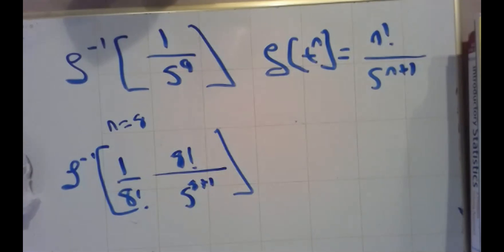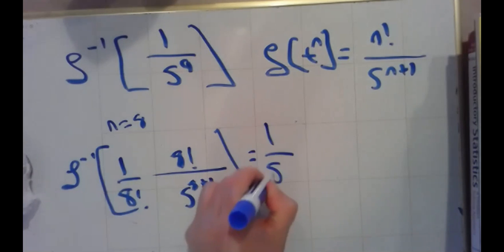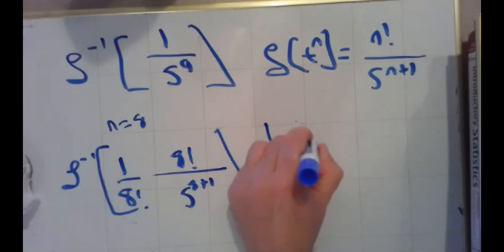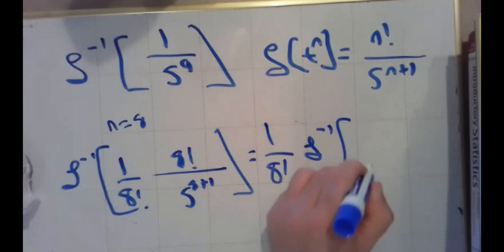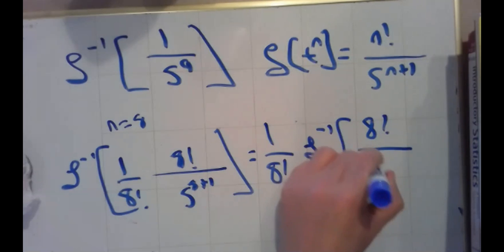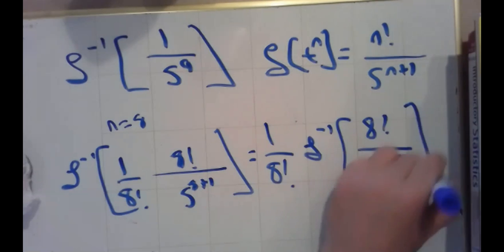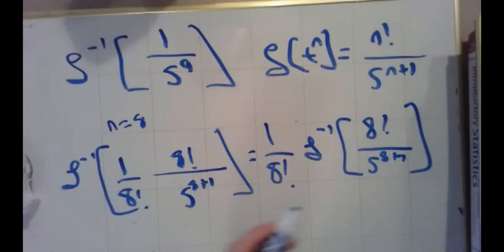Inverse Laplace transforms are linear operators, meaning we can pull constants out. So this is 1 over 8 factorial, the inverse transform of this. Now we fit the pattern. It looks like that. This is t to the n. So 1 over 8 factorial t to the 8.